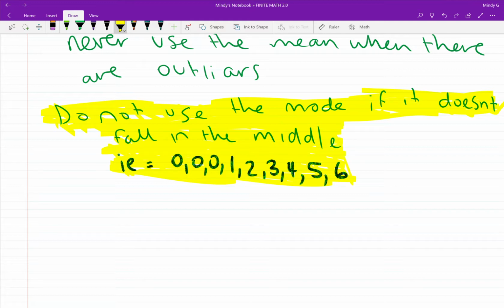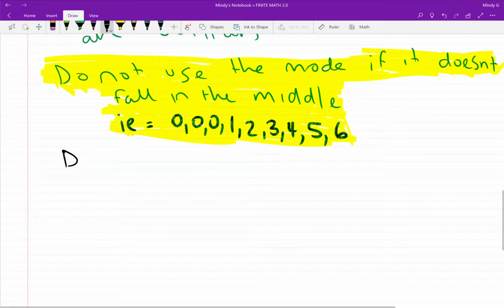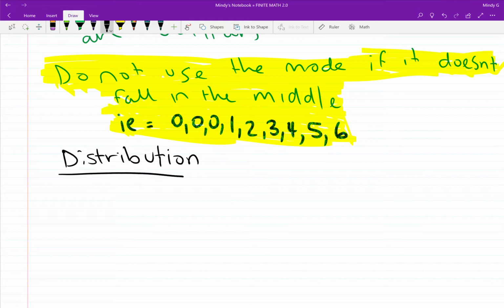All right, we're going to look at the word distribution. The distribution is how the data falls, like number values, the 1s, the 2s, the 3s, right?